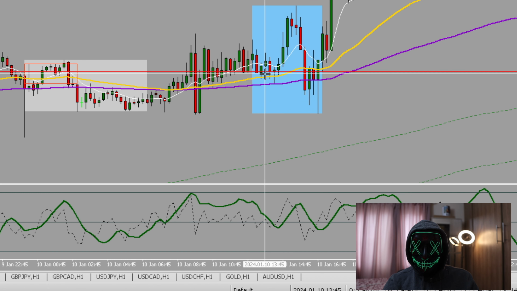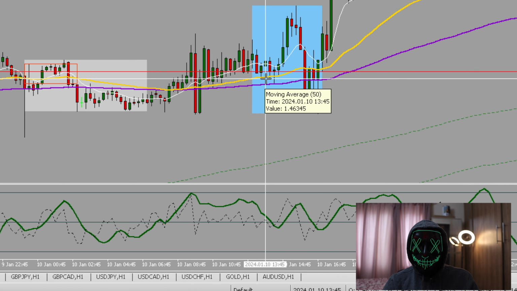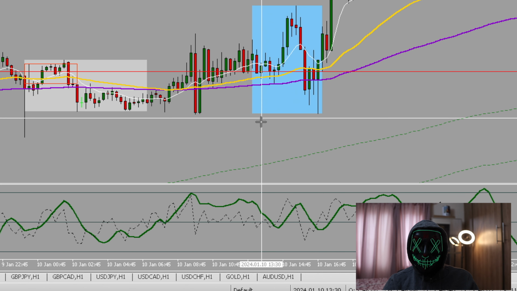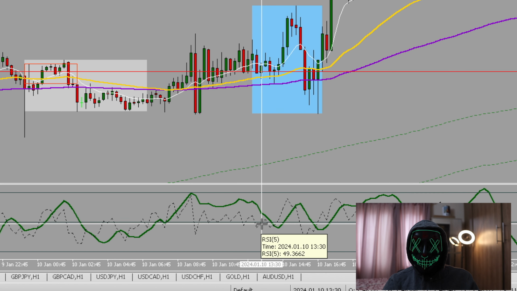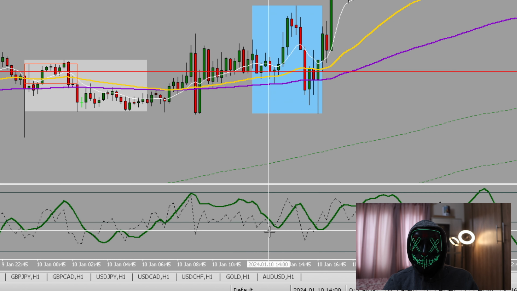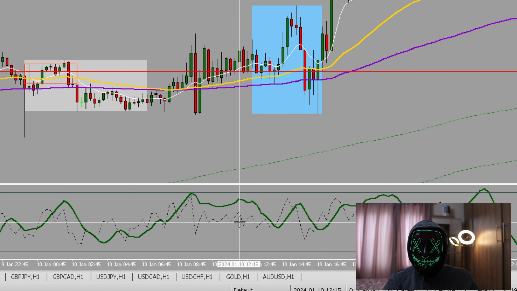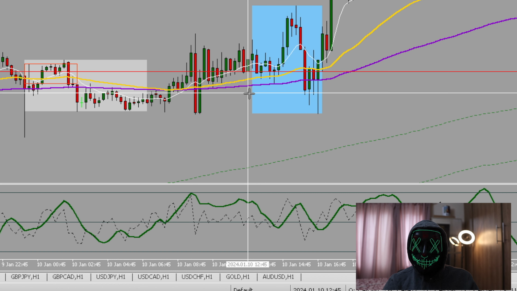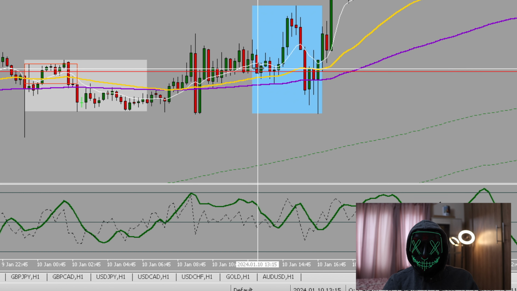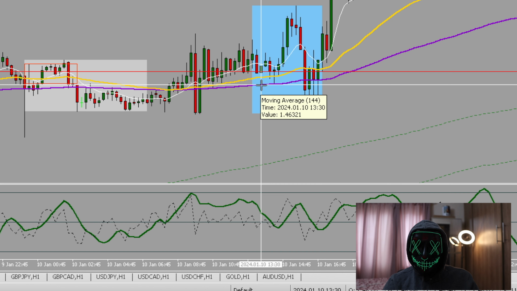Once price touches my 50 EMA, I am then looking to see if we can get any movement down here of the dotted line, which is the RSI, to come beneath this 50 level and then to go back above. So you guys will see that the first touch of price onto the yellow line was here. So price happened to touch right there.